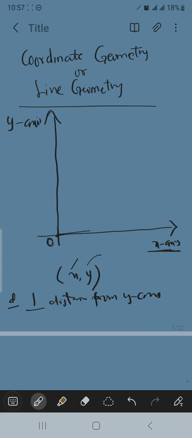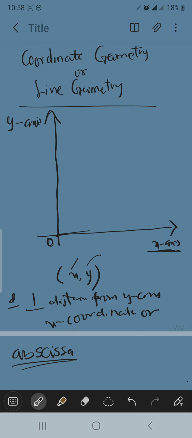It is going to be the x coordinate, or you call it abscissa. You must know this. Okay, you must know it. These two, x coordinate or abscissa.